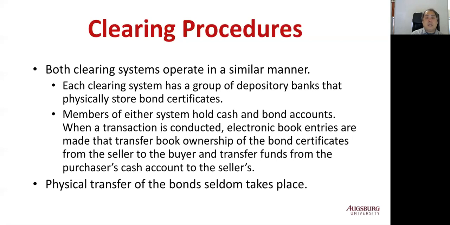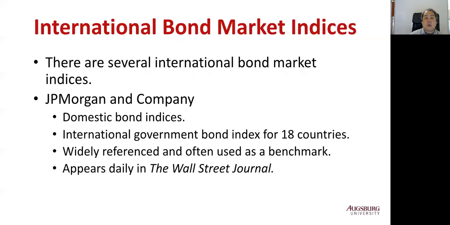The second is that the system will assist in the distribution of new bond issues. The third is that the clearing system will also distribute the coupon payments. That way they can make sure that everybody can easily and smoothly transact in the international bond market.